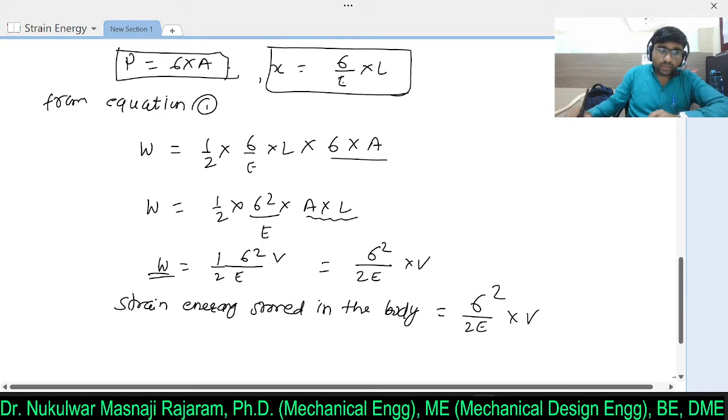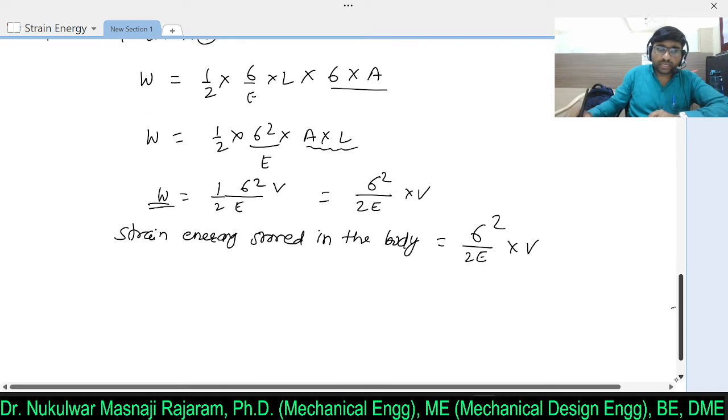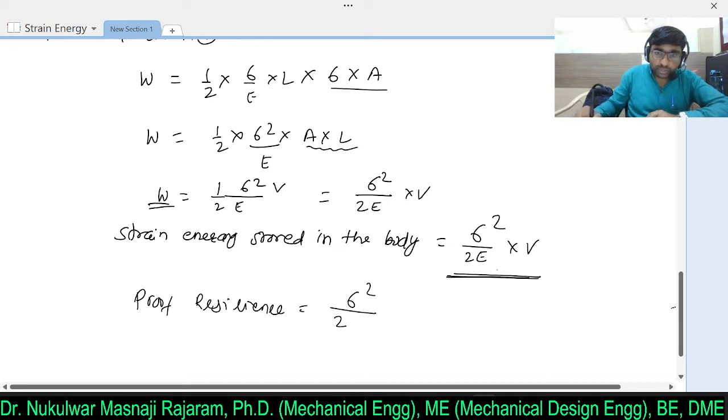Simple. Now as we have seen in some definitions earlier, this will be nothing but resilience. Now if you want proof resilience, then I must write sigma square divided by 2E, where sigma is the total stress.